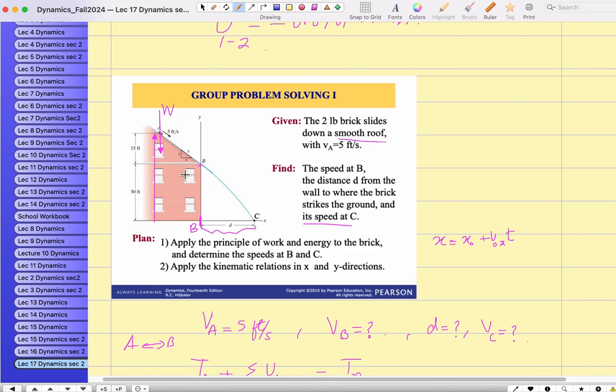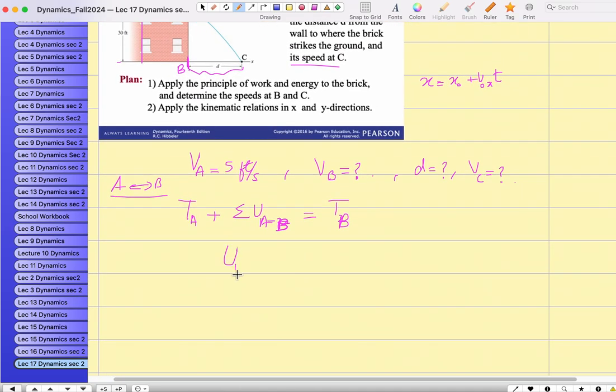U due to gravity is W times delta H, from A to B, since we are considering not A to C but A to B. That's why we are not taking the whole distance from the floor but from this location B. Now you will tell me that if the gravity is acting down and the brick is also moving downward, would it be positive or negative work done? Positive, because both are going downward.